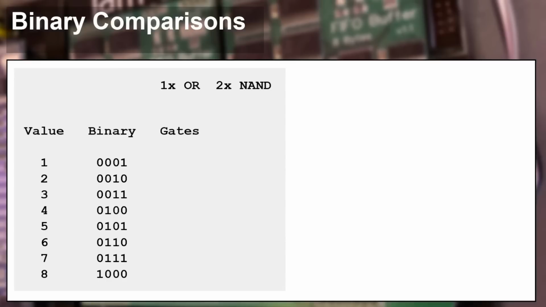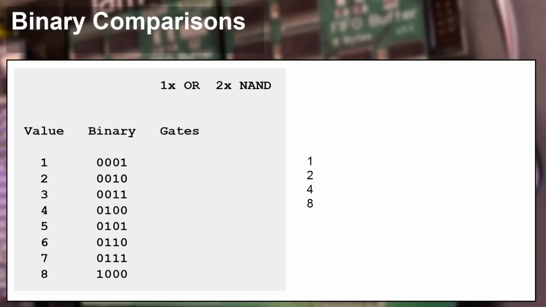The receive FIFO has 9 different permutations of value which are valid from 0 to 8, and that comes in on 4 input lines numbered 0 to 3. But when we're trying to decode the binary value, it might be easier to think of those as having the values 1, 2, 4 and 8.